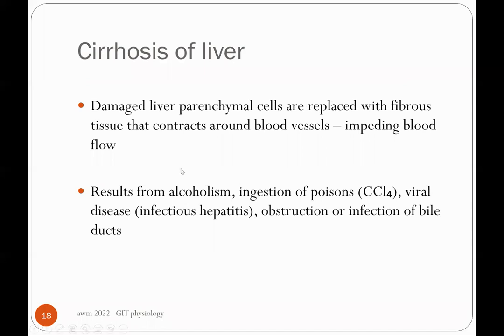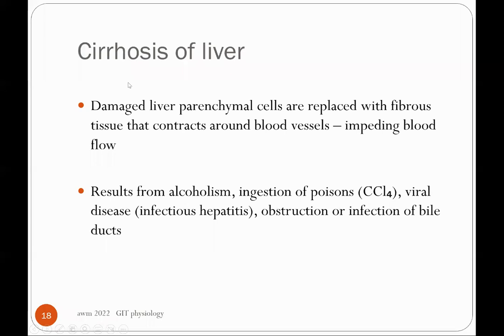If you have cirrhosis of the liver, when you have damage to the liver, then the cells are replaced by fibrous tissue. So you get a decrease in the hepatocytes. And also the fibrous tissue doesn't allow the blood vessels to dilate as they should. And so you get problems.